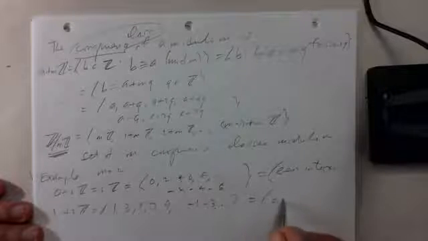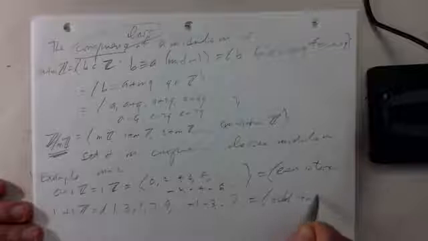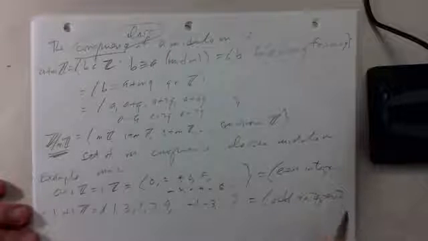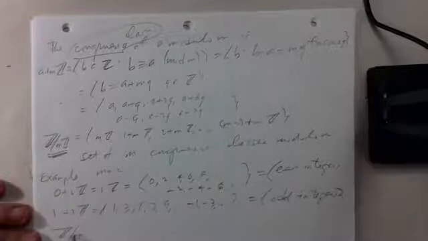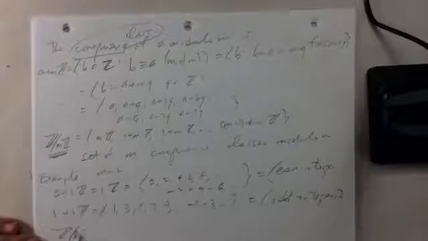This is just the set of all odd integers. So if you look at Z mod 2Z, this just consists of two sets, 2Z and 1 plus 2Z, or in other words, the set of even numbers and the set of odd numbers.